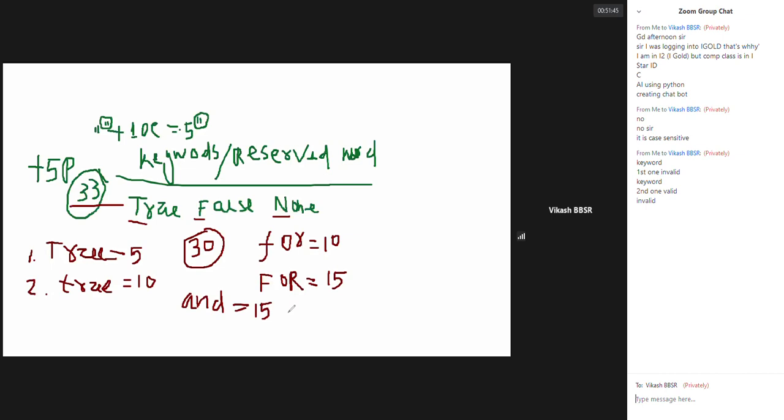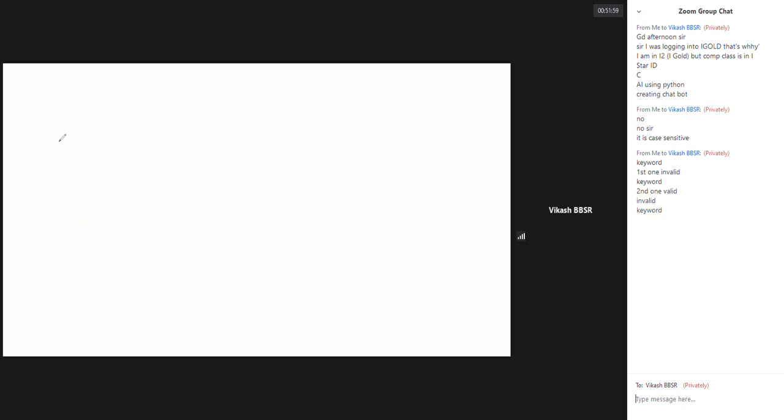So it is invalid because and is also a keyword. Okay. Next, another question. We have discussed how many keywords are there and what they are. You should also remember them, because if you do not remember, what will the problem be?